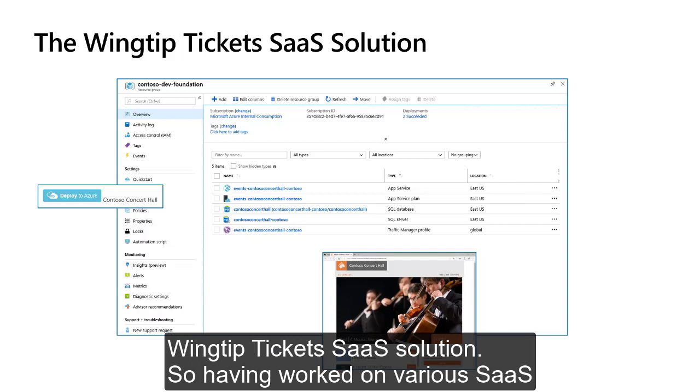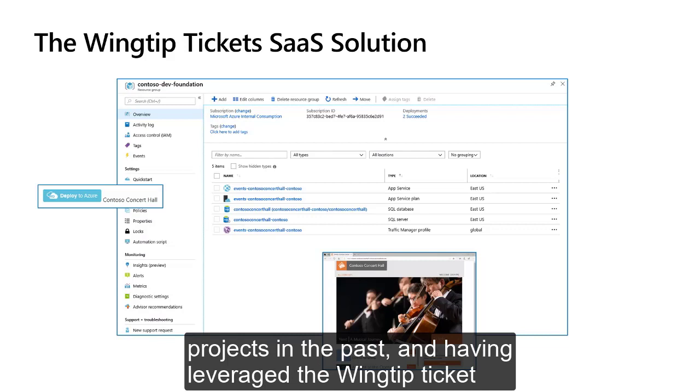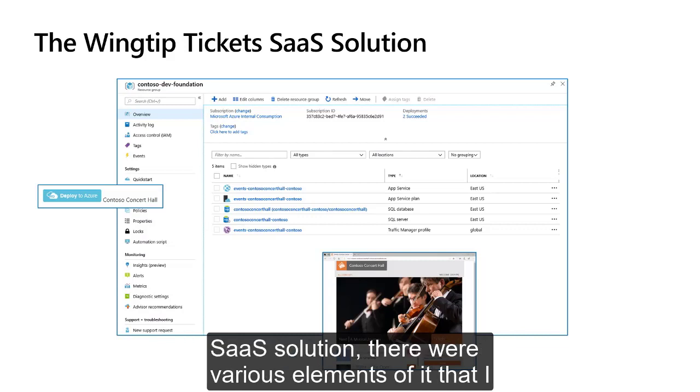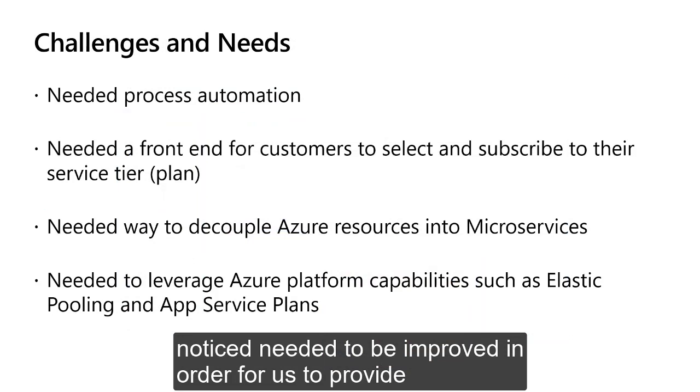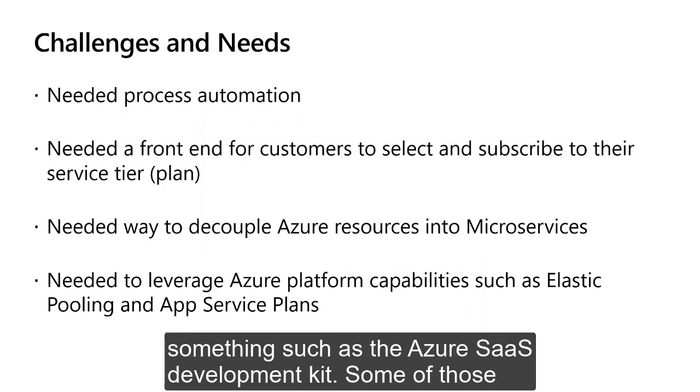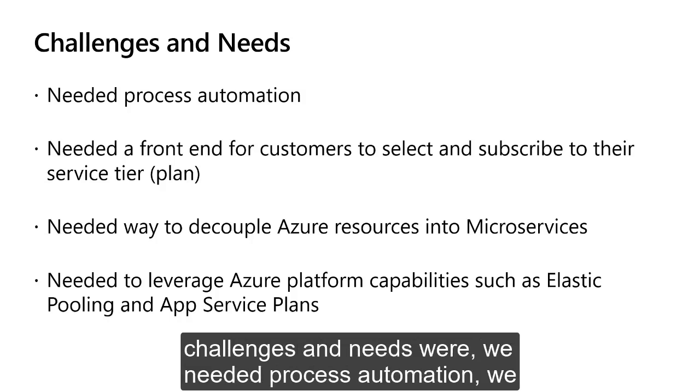So, having worked on various SaaS projects in the past and having leveraged the Wingtip Tickets SaaS solution, there were various elements of it that I noticed needed to be improved in order for us to provide something such as the Azure SaaS Development Kit. Some of those challenges and needs were we needed process automation.